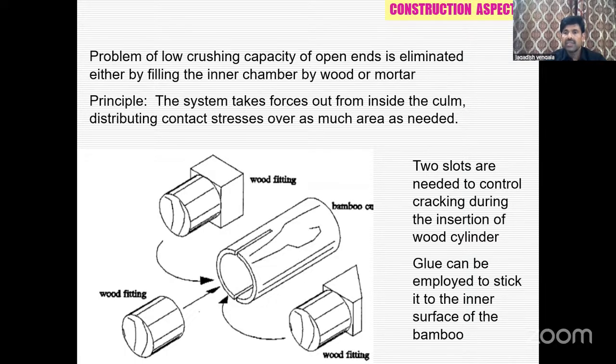That means you have to make more surface available, either at the bottom or at the top of the bamboo. Hence, we cover that portion with a wood peg or whatever it may be, so that the entire load can be transferred. That means you have a larger contact area to transfer the loads from the top and also to the foundation, to the bottom.